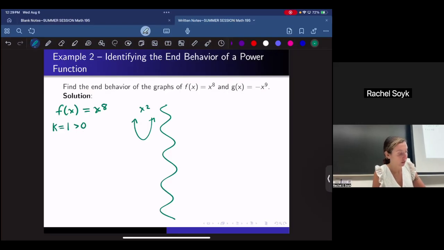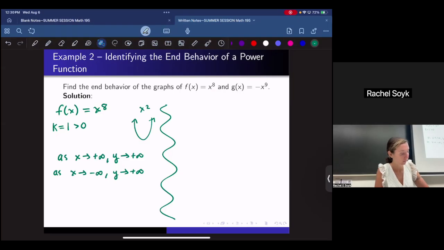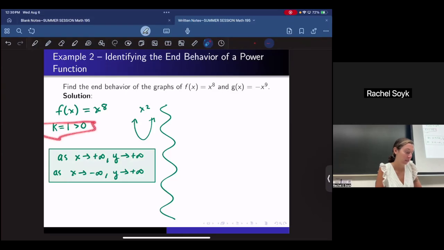And so it's the same as our x squared. As x goes to positive infinity, our y shoots up to positive infinity. As x goes to negative infinity, our y still shoots up to positive infinity. That's it. We know the power is even and there is no negative, then just look at x squared.